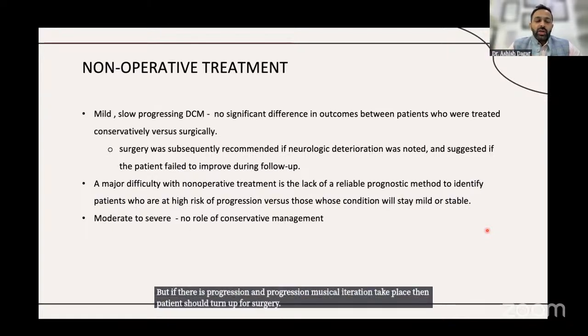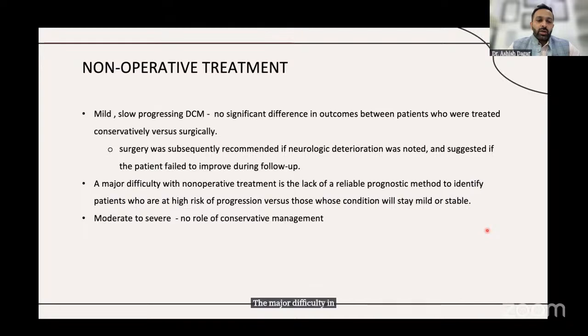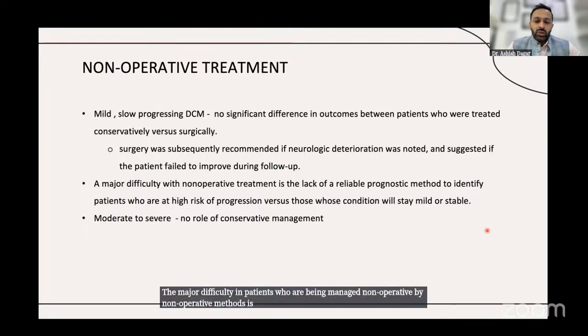The major difficulty in patients being managed by non-operative methods is that there is no prognostic factor we know of by which we can say with certainty that this patient will progress or won't progress.